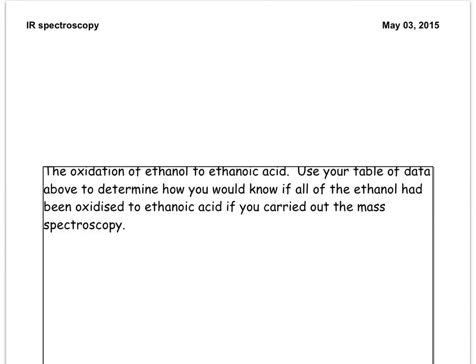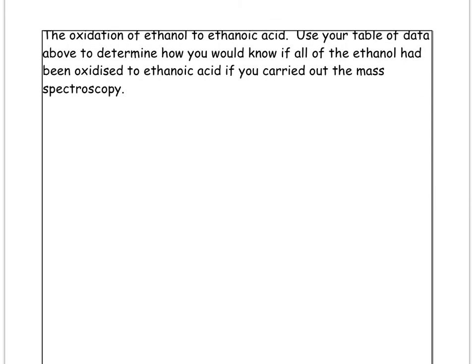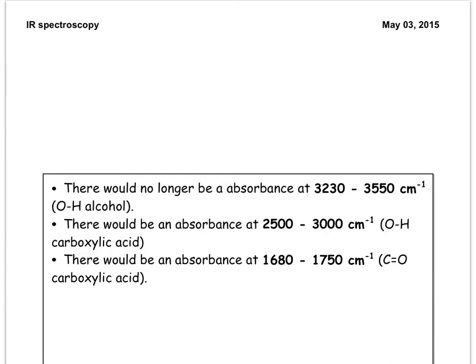What about this question here? How would you oxidize ethanol to ethanoic acid? Use your table of data above to determine how you would know if all of the ethanol had been oxidized to ethanoic acid if you carried out infrared spectroscopy. I don't mean mass spectroscopy, I mean IR spectroscopy there. Well, you could use mass spectroscopy too. So how would you ensure it's all been changed?